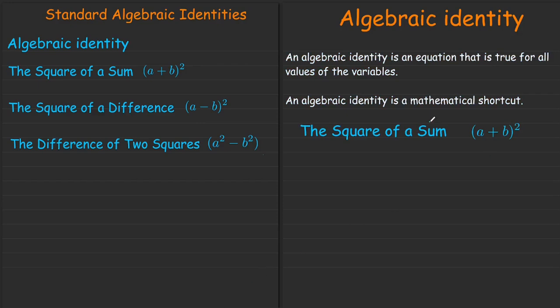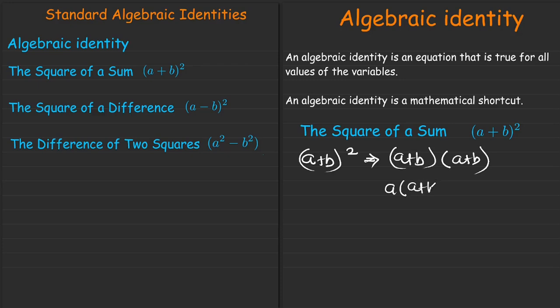Now, before we look at the identity, let's solve and then we see how the identity comes about. So we have (a + b) all squared. If you want to use the FOIL method, what we get is (a + b) in one bracket, and in another bracket we have (a + b). So a multiplies (a + b), and then b also multiplies your (a + b).